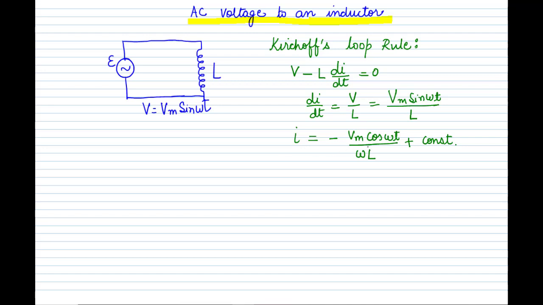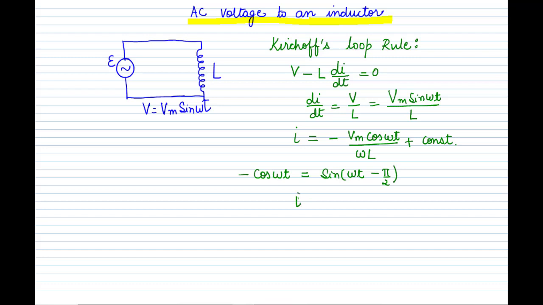Now we have cos omega t and we want to convert it to sine omega t because our voltage is in sine. According to the trigonometric relation, minus cos omega t is always sin of omega t minus pi by 2. So instead of minus cos omega t, we can write sin omega t minus pi by 2.